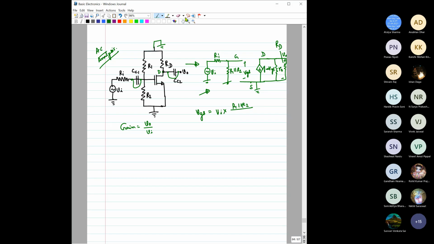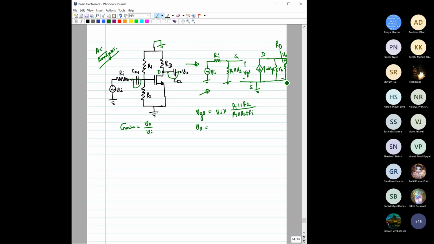R1 parallel R2 by R1 parallel R2 plus Ri. Then what will be the expression of this V output?